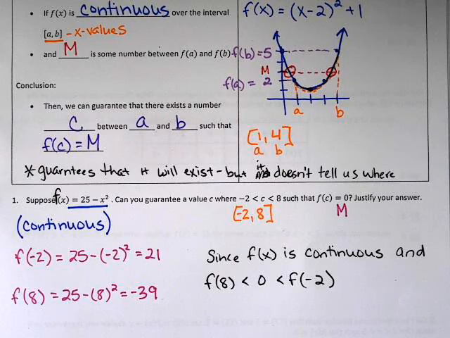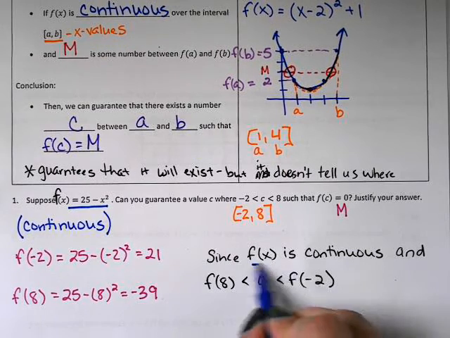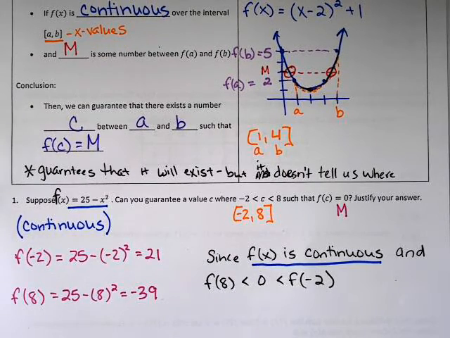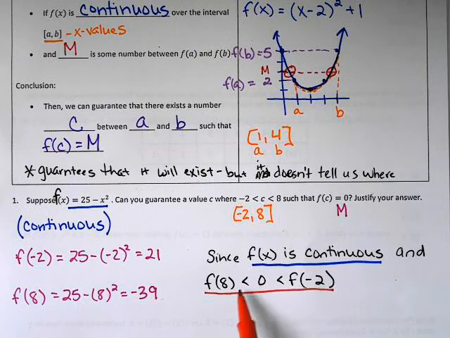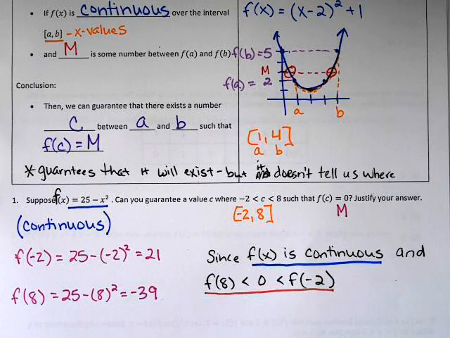So our first condition was that it was continuous. And we know that 0 lies between our two endpoints.